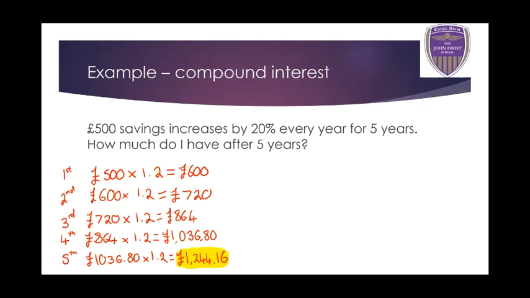That's all we've done. Sure, we've rewritten the numbers, but that's all we've been doing, just timesing £500 by 1.2. So a slightly shorter way of writing this would be £500 times 1.2 times 1.2 times 1.2 times 1.2 times 1.2.